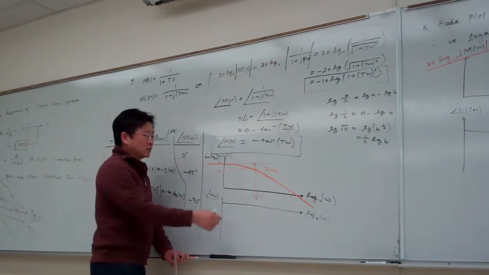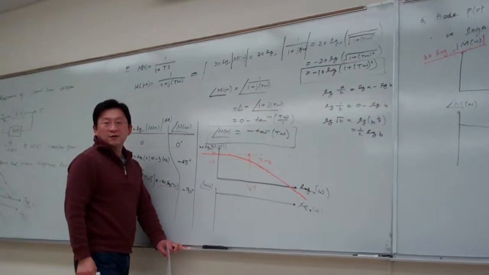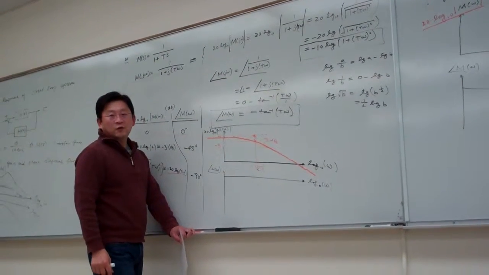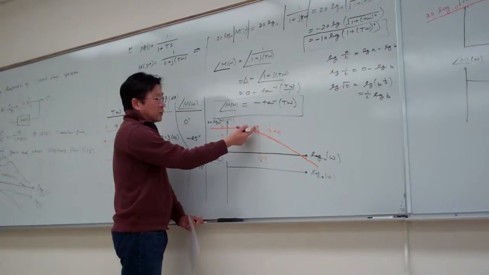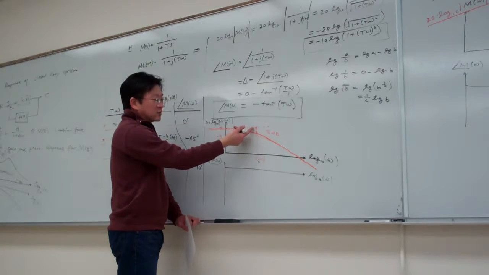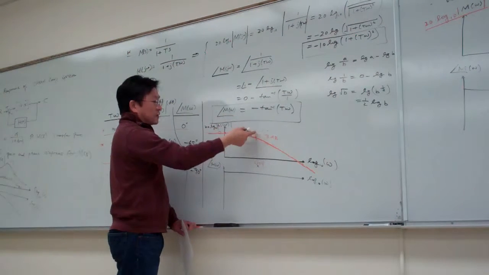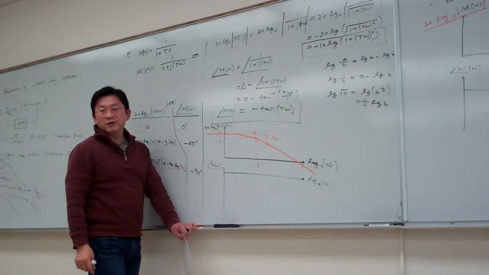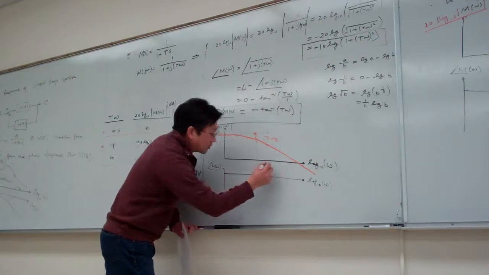The frequency corresponding to the intersection of the two asymptotes is the corner frequency. At the corner frequency, your estimation based upon asymptotes will always be 3 dB larger than it's supposed to be. Okay, so that's just kind of a special name, the corner.